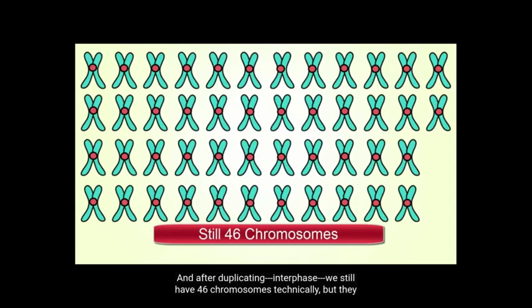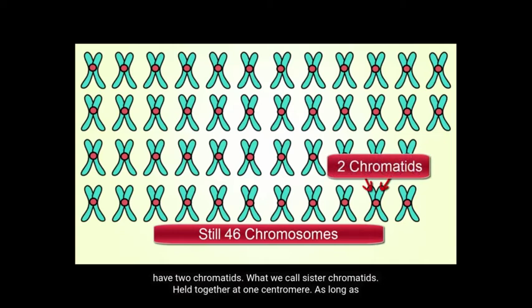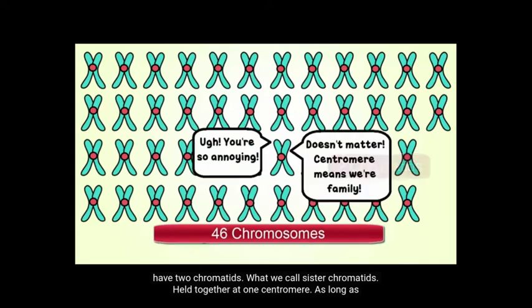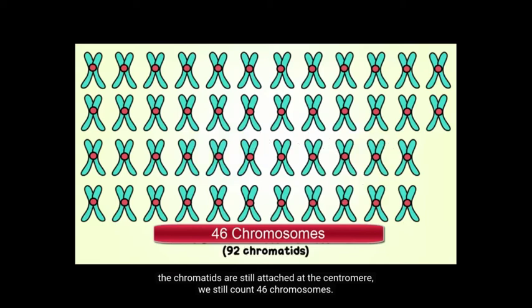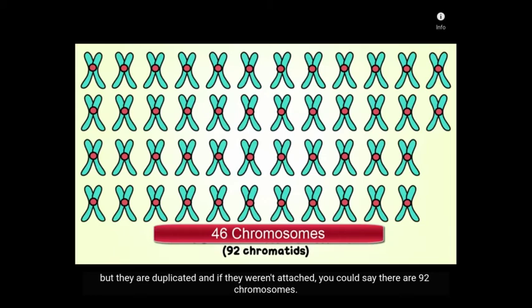But after duplicating in interphase, we still have 46 chromosomes technically, but they have 2 chromatids. We call them sister chromatids, and they're held together at 1 centromere. See, as long as those chromatids are still attached to the centromere, we still count 46 chromosomes, but they're duplicated.